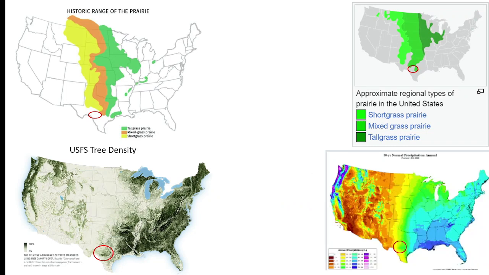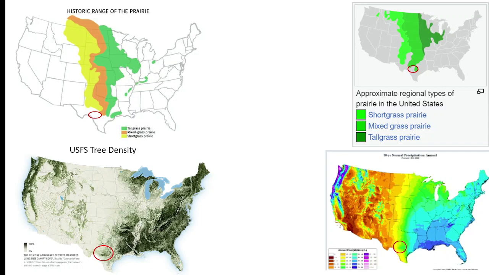So where are we again? We're here in Austin. We're here just off the southern end of the tall grass, mixed grass, short grass prairie continuum. And the precipitation is reduced to the west across that continuum. Again, we're just off to the south of that.